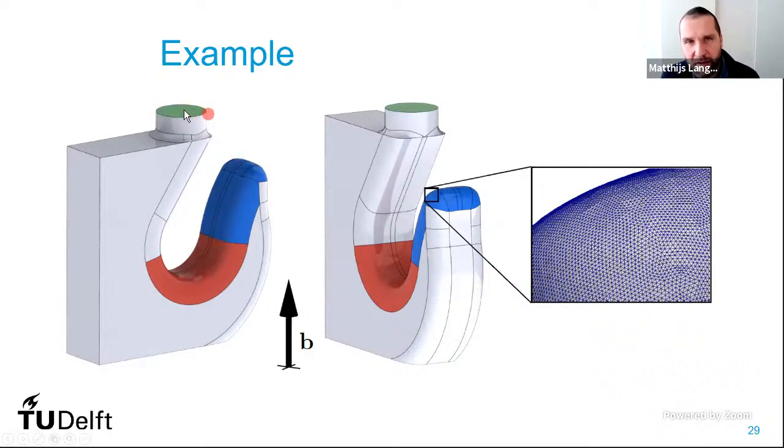The hook is clamped here on the green surface, and a downward load is applied here on the red surface. The build direction for printing this part is as indicated. And here at the detail, you can see the scale of the mesh we used. I think it might have been a little bit more than really needed, but it was also for us a nice test case to see how the algorithm scaled.